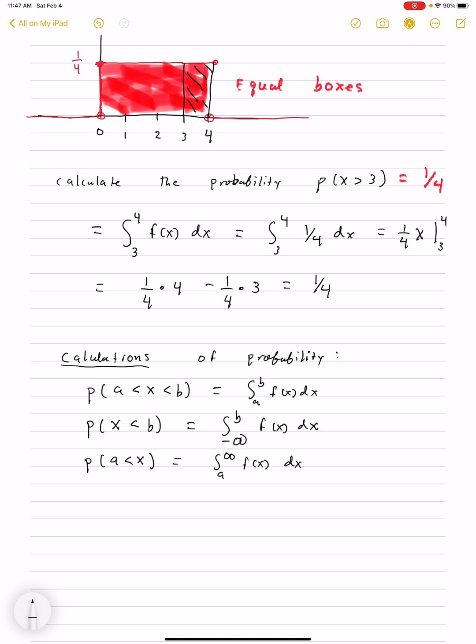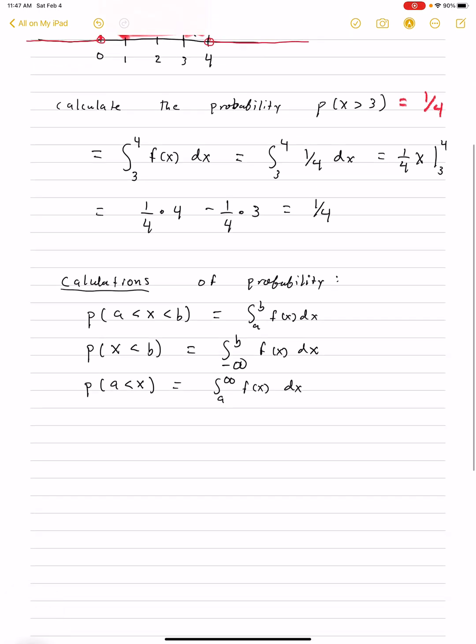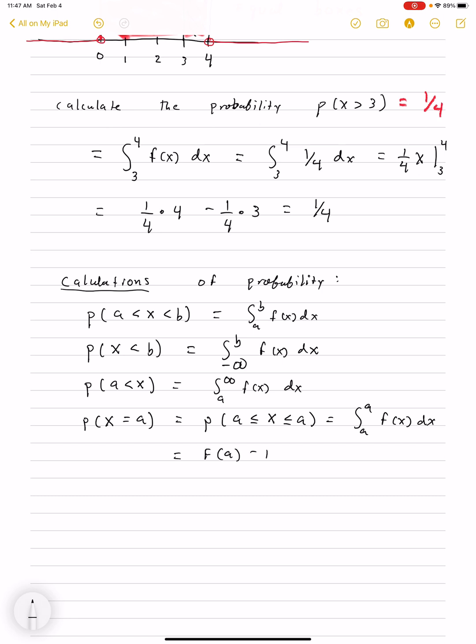And the final thing that I notice is I said probability of a point is 0, and that's because this corresponds to the probability x is less than or equal to a and bigger than or equal to a. And the area of a point is 0. And that's just given by this calculation.